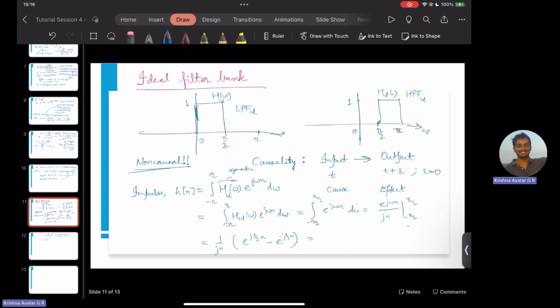It should also be 1 by 2 pi, right? So let's always have that in mind. So it becomes 1 by pi n, and then you have e to the power j pi by 2n minus e to the power minus j pi by 2n, divided by 2j.